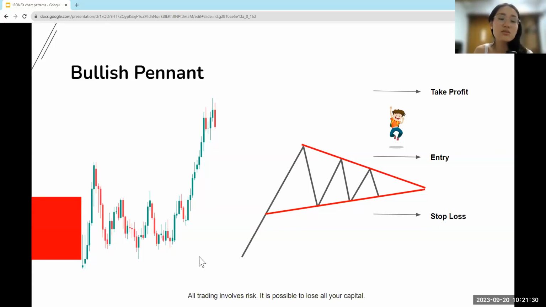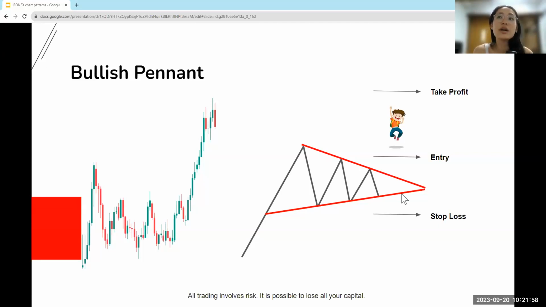Once again, from all of these shapes, we are basically connecting the swing highs with the other swing highs to form a line, and then we see where those lines connect. So we connect the lines here, and then we connect the bottom lines as well, and then it should give you this flag kind of shape.